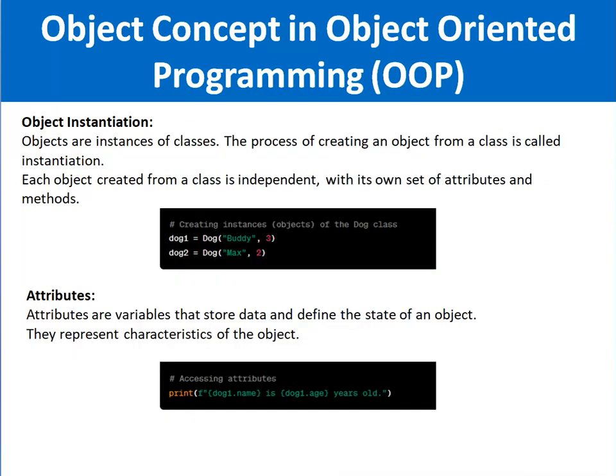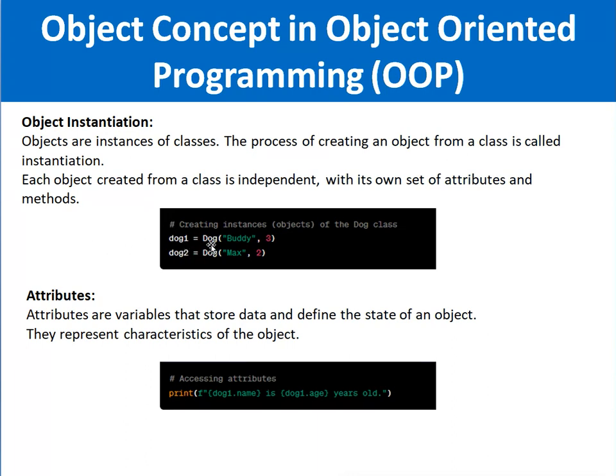Now object instantiation. Whenever we have a class, we can create an instance of the class. The process of creating an object from a class is called instantiation. Each object created from a class is independent with its own set of attributes and methods. For example, here we are creating two objects of the class Dog.